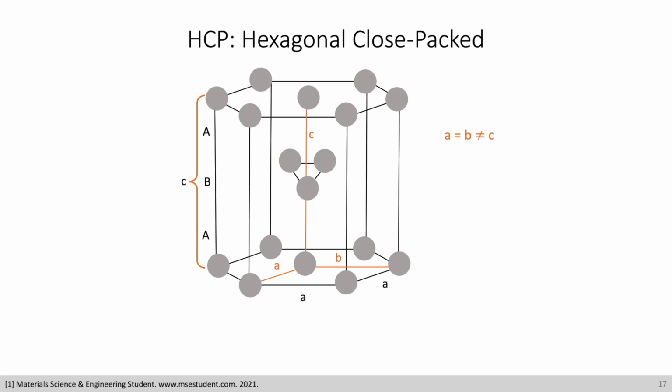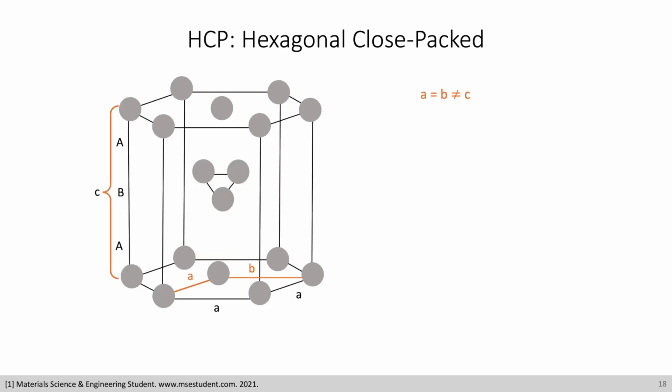First, we need to understand the C over A ratio in order to calculate the APF, and so what we can do is draw a triangle pyramidal shape within our HCP structure. We can do that by drawing lengths here, here, here, and here.